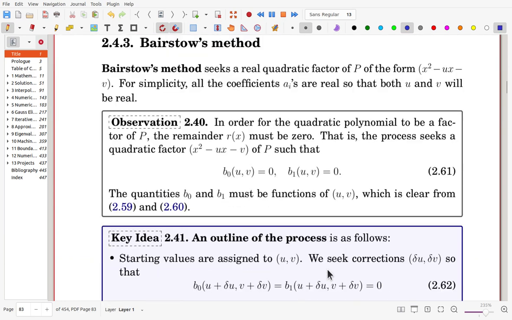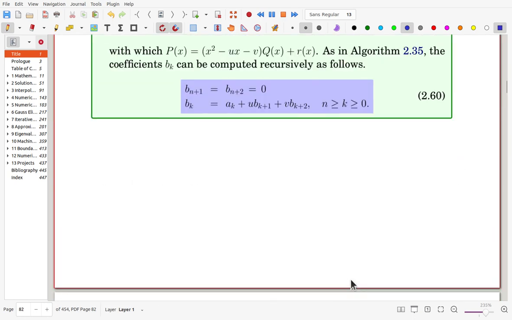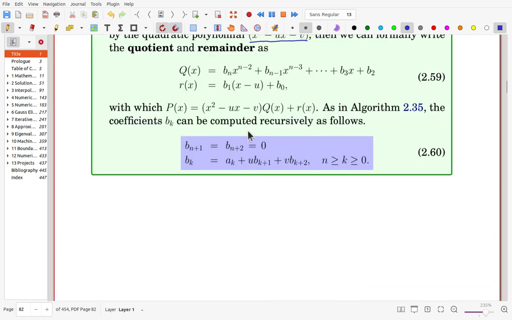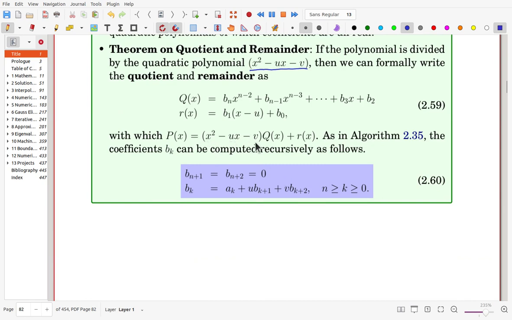Now Bairstow's method starts with this observation. For example, if this one is a factor, then r of x must be 0.